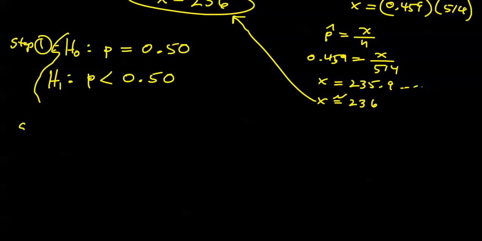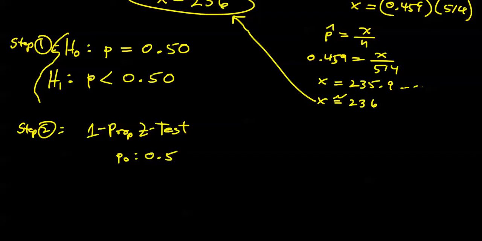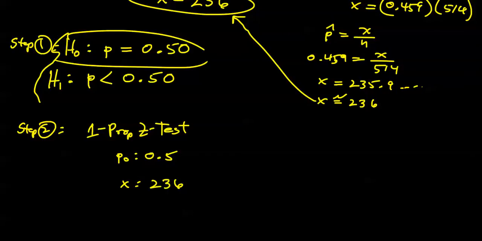Step 2. Compute the p-value. Again, I'll go to my one prop z-test command. I'll enter in p sub 0. Again, that's the TI lingo for the null claim, and that's going to be 0.5. My x value, as stated before, we're going to have to use 236 as our best approximation for the raw count of those human resource professionals that say piercings are a red flag. 236.